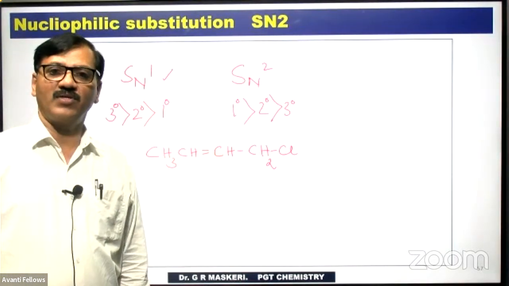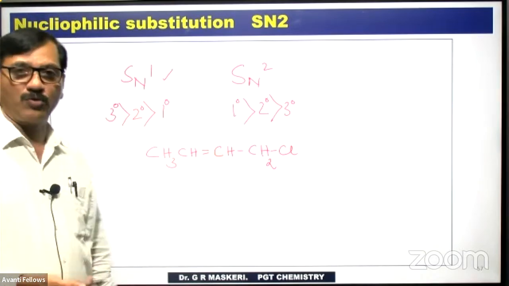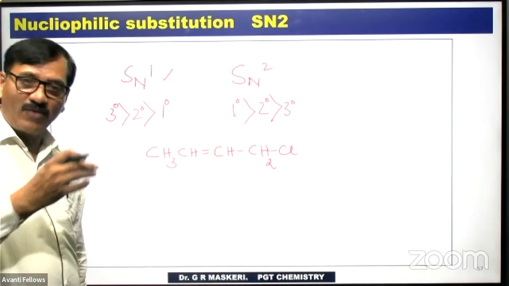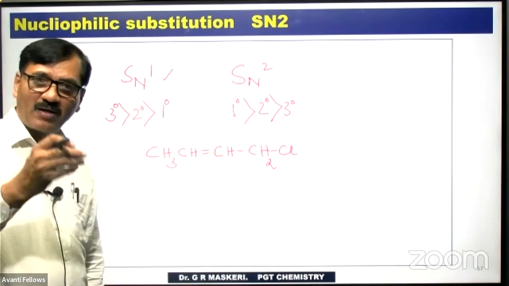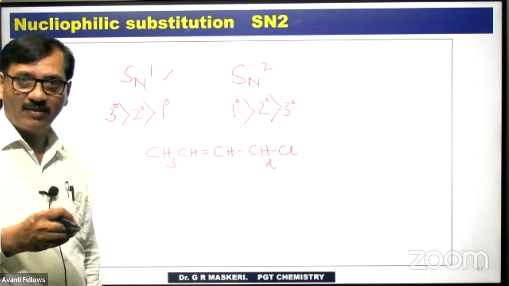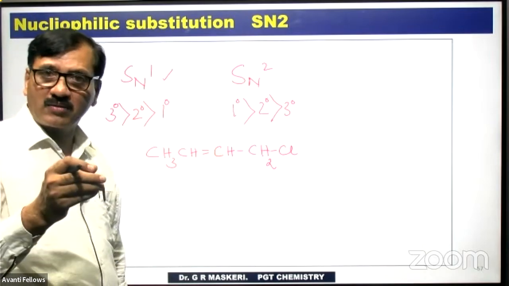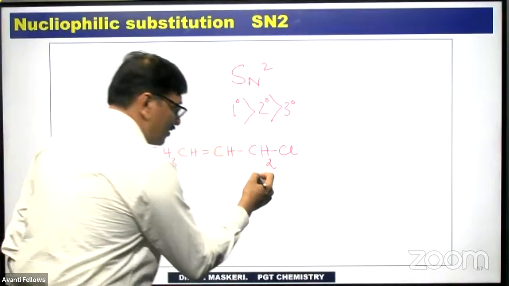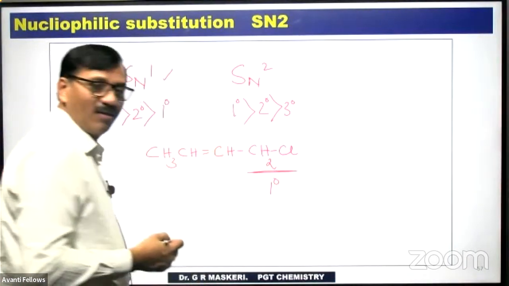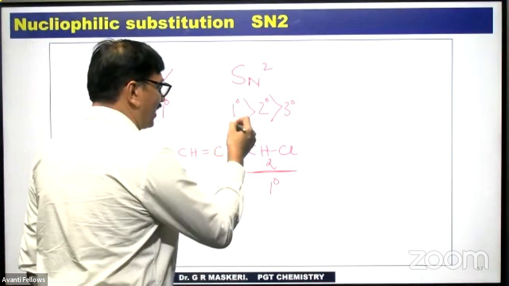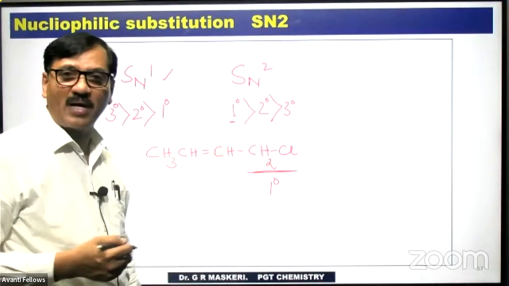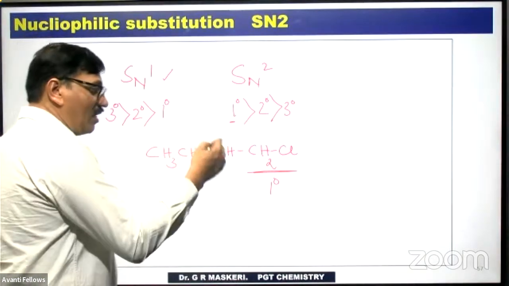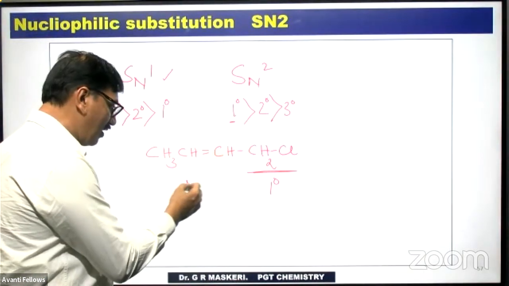So if this is the one to be chosen, then your primary area to know is whether it is forming a stable carbocation, right? If it is forming a stable carbocation, then it follows the SN1 path. Remember that this is primary. So you may be likely to say that yes, it is following the SN2 path readily because it is primary. But remember, this is an allylic halide. This is called an allylic halide.